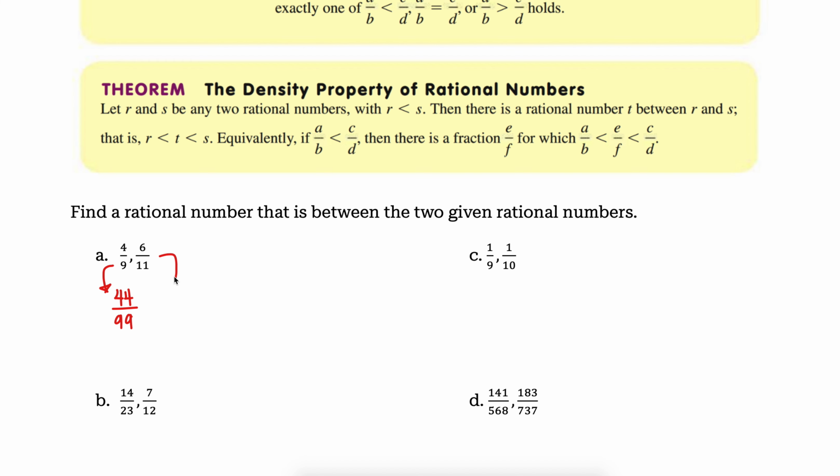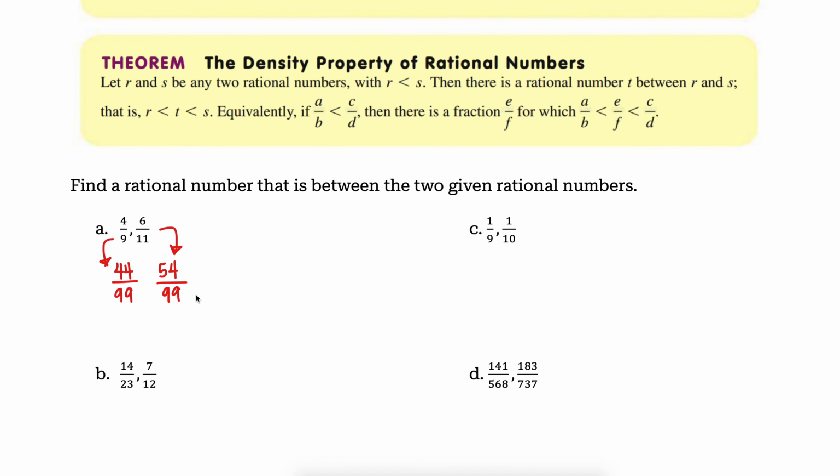Second fraction, if we multiply top and bottom by 9, we get 54 over 99. So what's between them? 45 over 99, 46 over 99, and so on. Very straightforward way to find a fraction between two given ones.